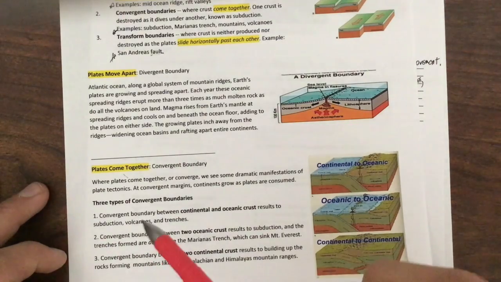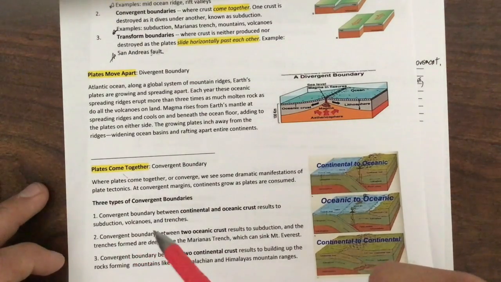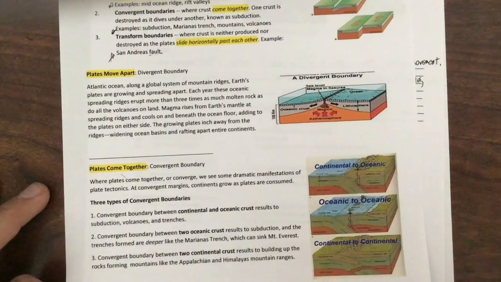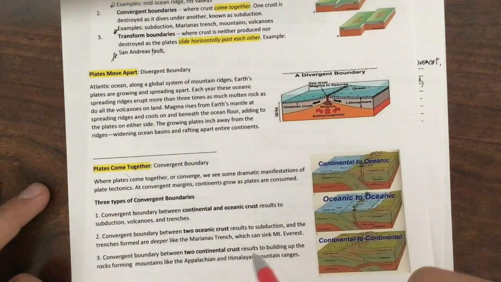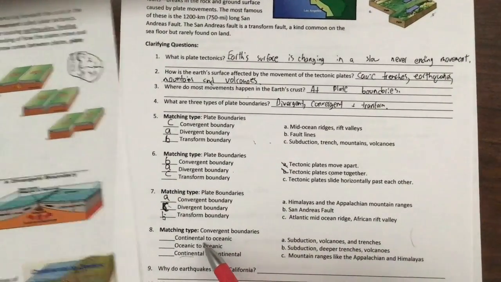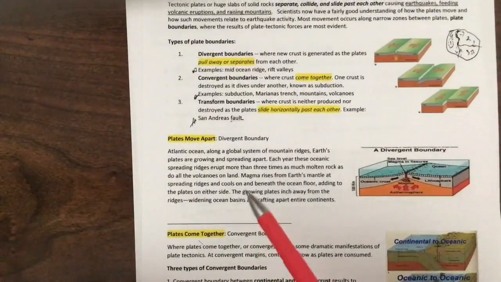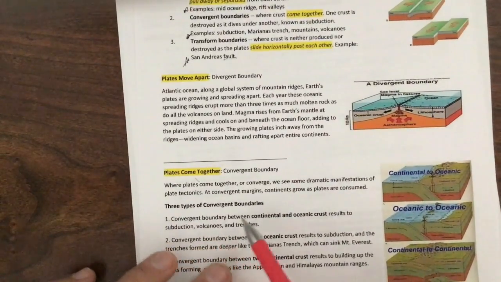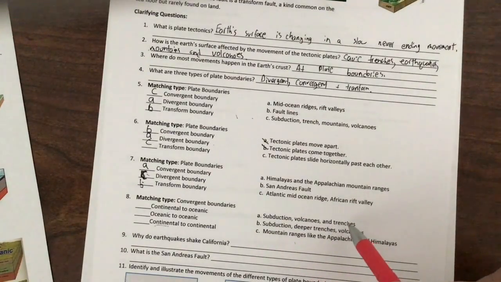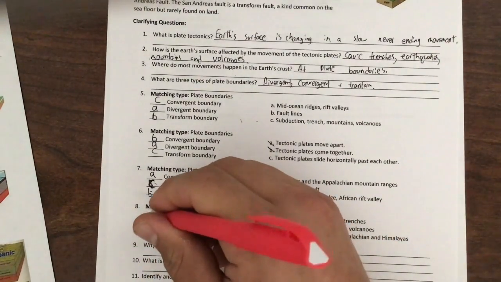And there's three different things that form: subduction volcanoes, trenches, deeper trenches that can sink Mount Everest, and mountains. Continental to oceanic causes subduction volcanoes and trenches. So A works for that one.